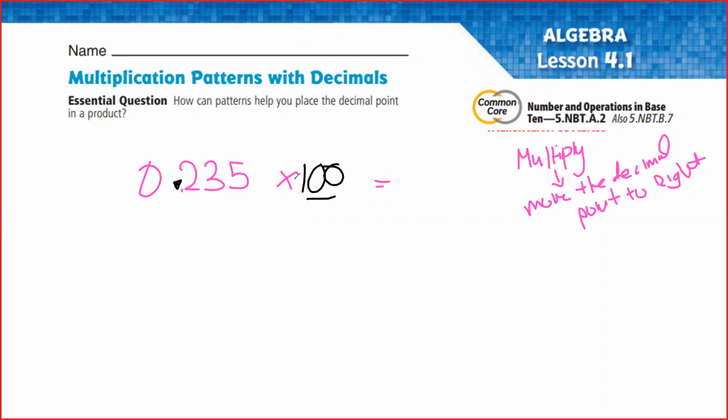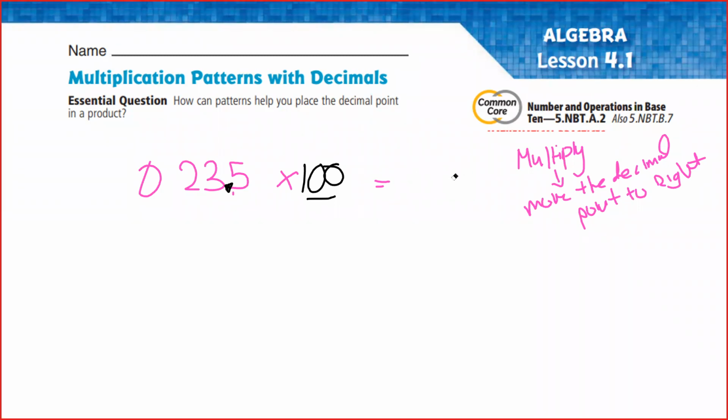I multiplied by 100, so I have to go to the right 2 digits. Why 2 digits? Because I have only 2 zeros. So now I will move the decimal point 1, 2. So the answer will be 23.5.